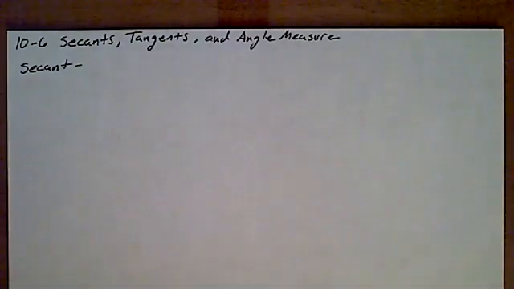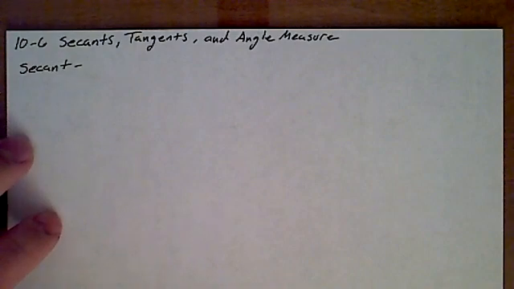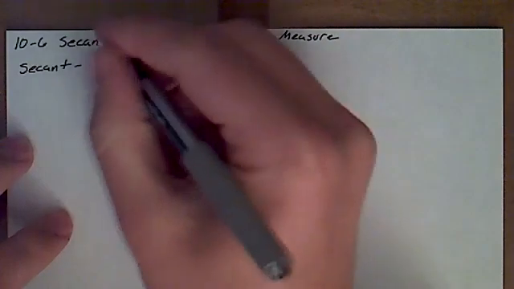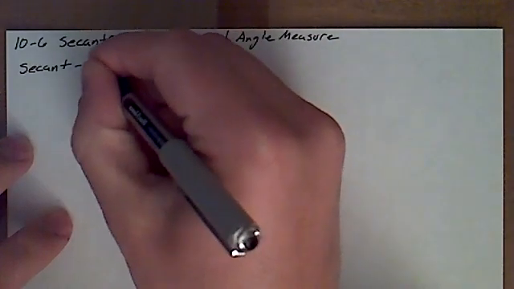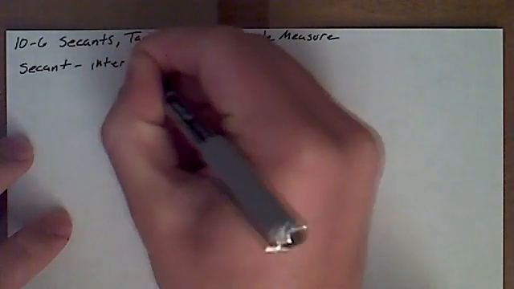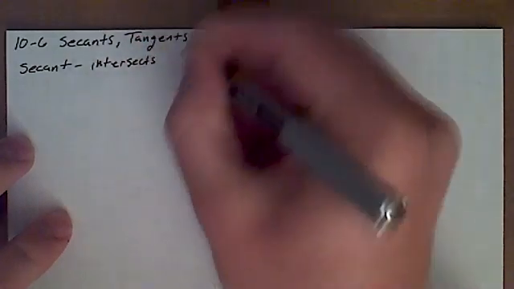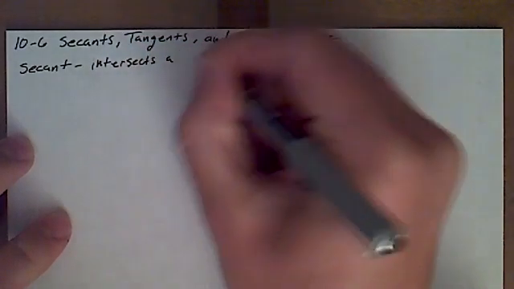So first of all, today, we're going to define what a secant is. A secant is a line or segment or chord, something that is intersecting a circle in exactly two spots.